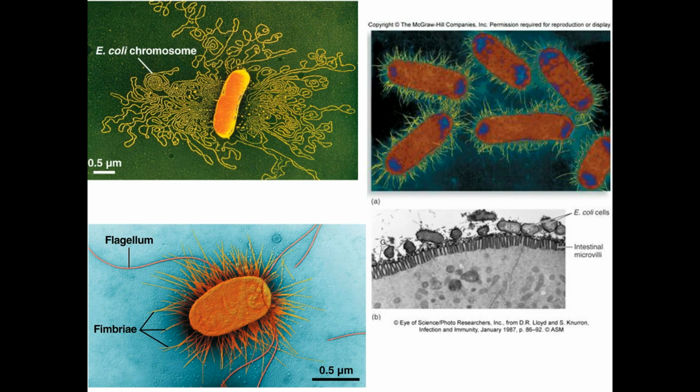Here you're looking at bacterial cells. Here you have an example of E. coli, and the E. coli cell has been broken apart, opened up, so that the genetic material spills out. Here you're looking at the entire chromosome of E. coli.